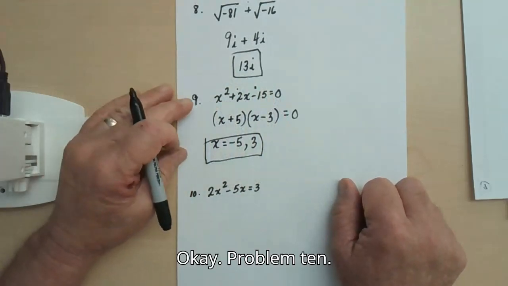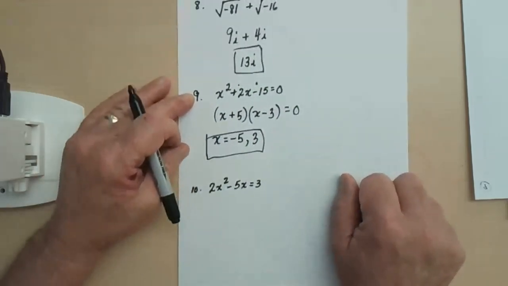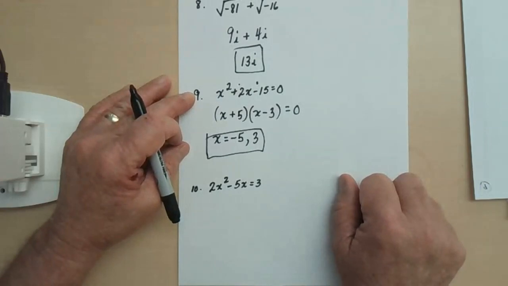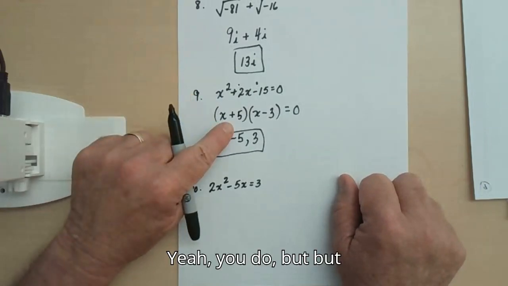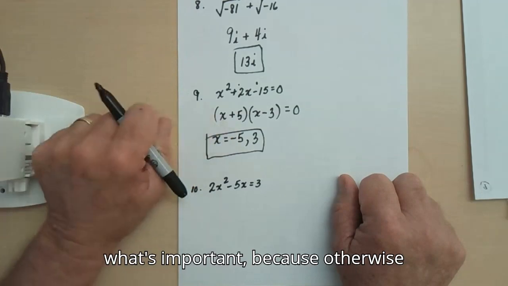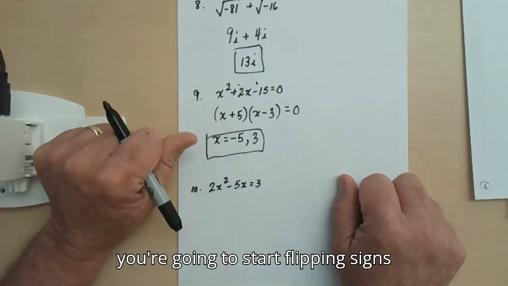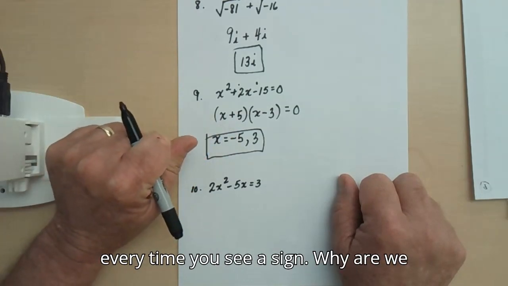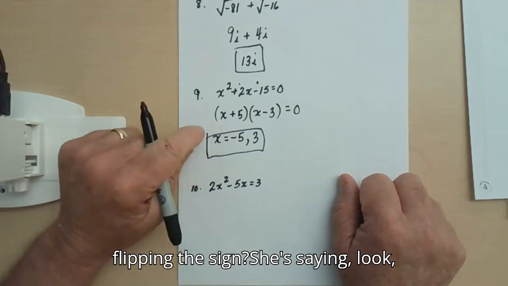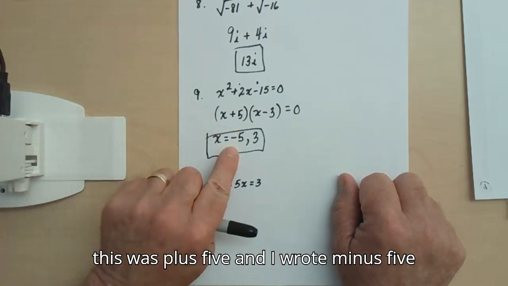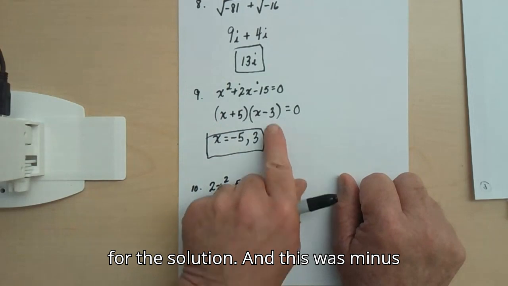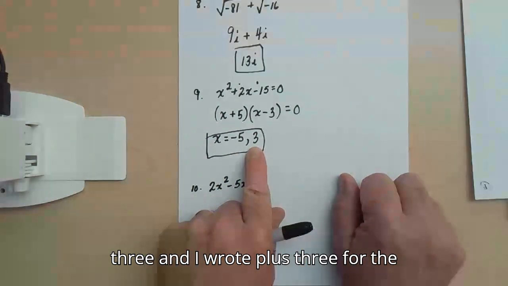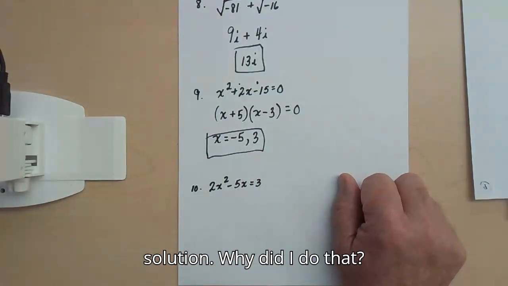Okay. Problem 10. So we just flip the signs. Yes, you do, but what's important, because otherwise you're going to start flipping signs every time you see a sign, is why we are flipping the signs. She's saying, look, this was +5 and I wrote -5 for the solution. And this was -3 and I wrote +3 for the solution. Why did I do that?